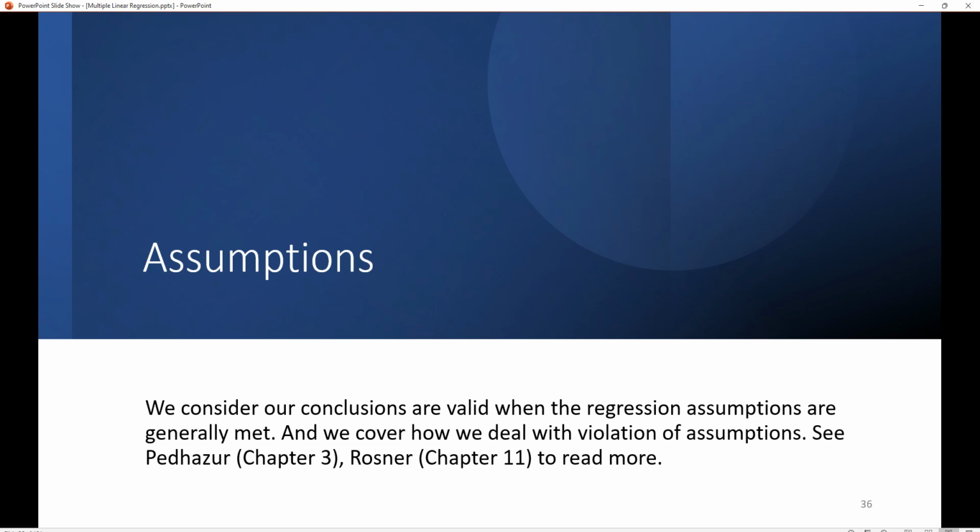It's not good, but there are ways to work around that. As I mentioned before, regression is a robust method. So if you have violations to your assumptions, or if you have a lot of outliers or some outliers, then if you have a big enough sample, regression shouldn't have a problem with that.